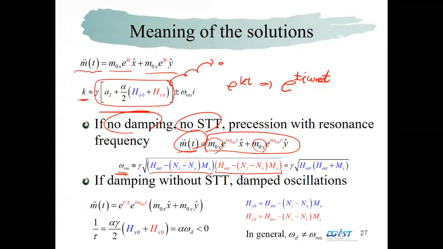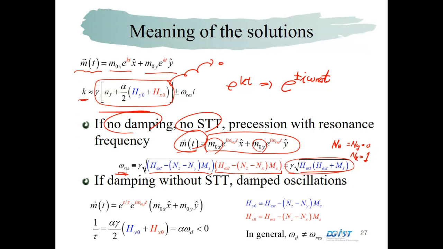And if we assume Ny is 0 and Nx is 1, so in that case we have this form. Yeah, some students who are working on FMR or BLS know what the meaning of this one is.